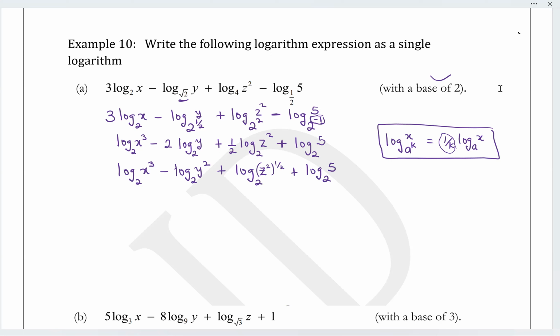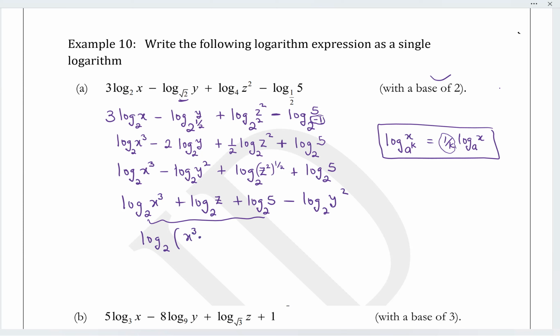Now let's put the ones that are additions together. We can rearrange and write log base 2 of x power 3 plus log to base 2 of, this will just be z, right? Plus log to base 2 of 5, then minus log to base 2 of y squared. Look at this, all of these are just addition, so you can change everything to multiplication. So you have log to base 2 of x cubed times what?